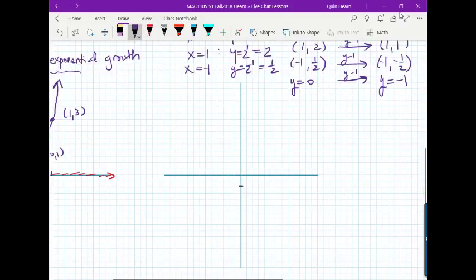Let me mark off a scale here. Okay, so our asymptote is at y equals -1.